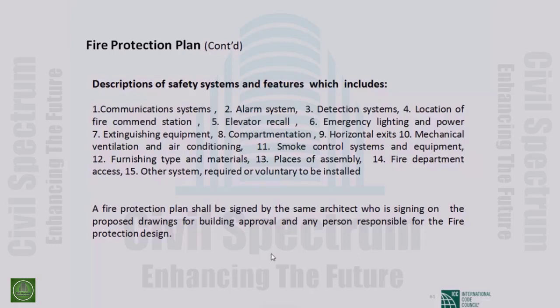So these are all the parameters you have to give in the fire protection plan.